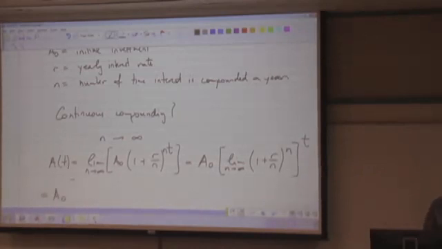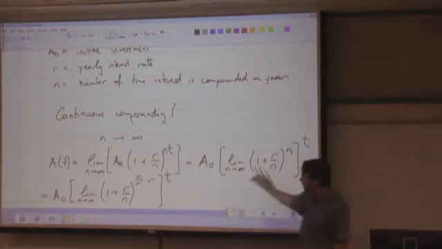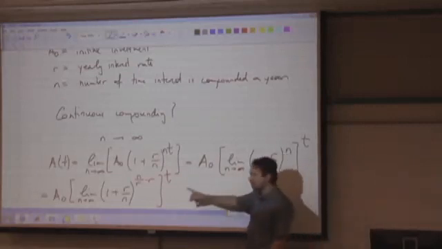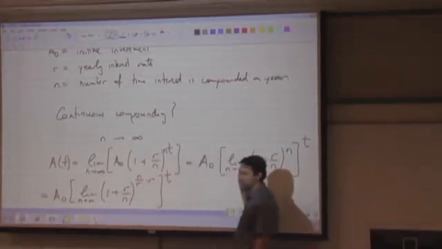Now, would you know what that limit is? A0 times the limit as n goes to infinity, and what I'm going to do is the following: 1 plus r over n to the power n divided by r, multiplied by r, all to the t power. Is it the same as that? If you cancel out the r's, you come back with the previous one, right?